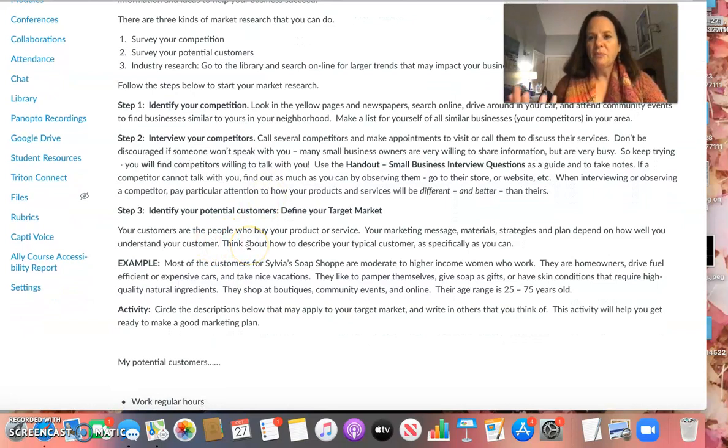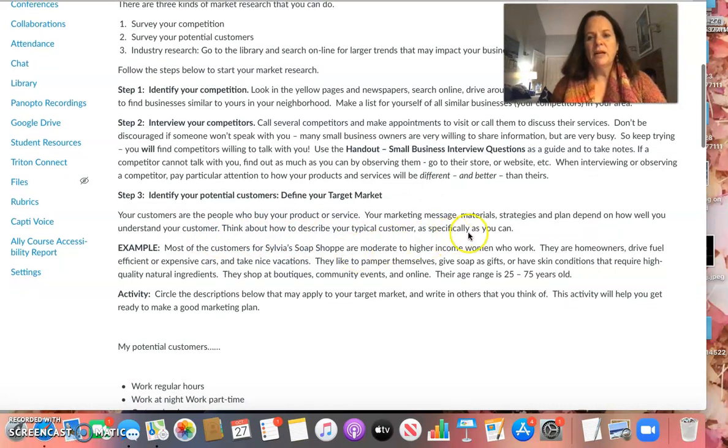Your customers are the people who buy your product or service. Your market, message, materials, strategies, and plan depend on how well you understand your customer. Think about how to describe your typical customer as specifically as you can. Here's an example. Most of the customers for Sylvia's Soap Shop are moderate to high-income women who work.